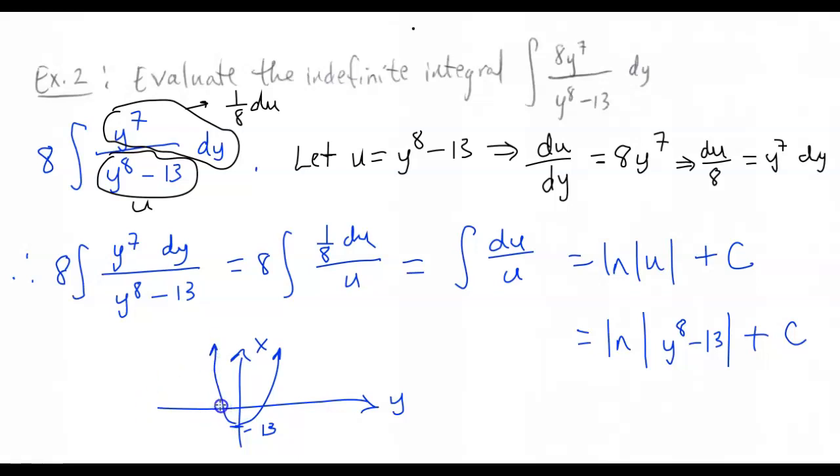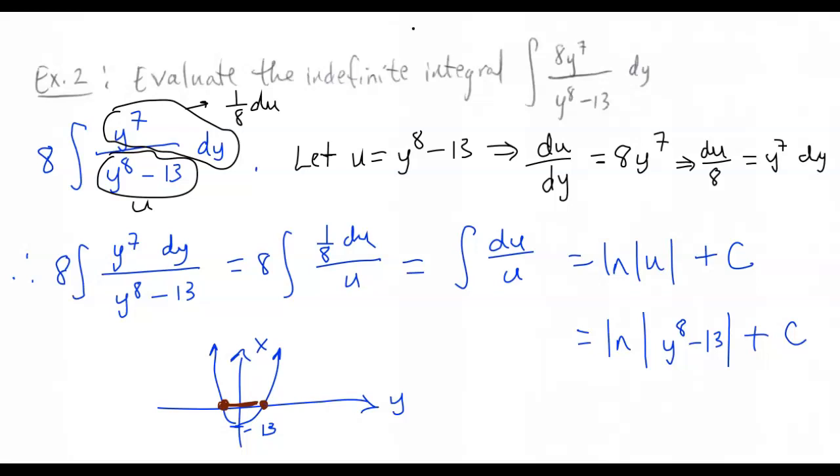And notice that there are values, mainly speaking from this point here to this point here. For all these values of y, the y raised to the 8 minus 13 is negative. And of course, we know we can't take the natural log of negative numbers. So the only way that we could do that is if we were to have the absolute value signs here to make this work. And so that's part of the reason why we need them there.